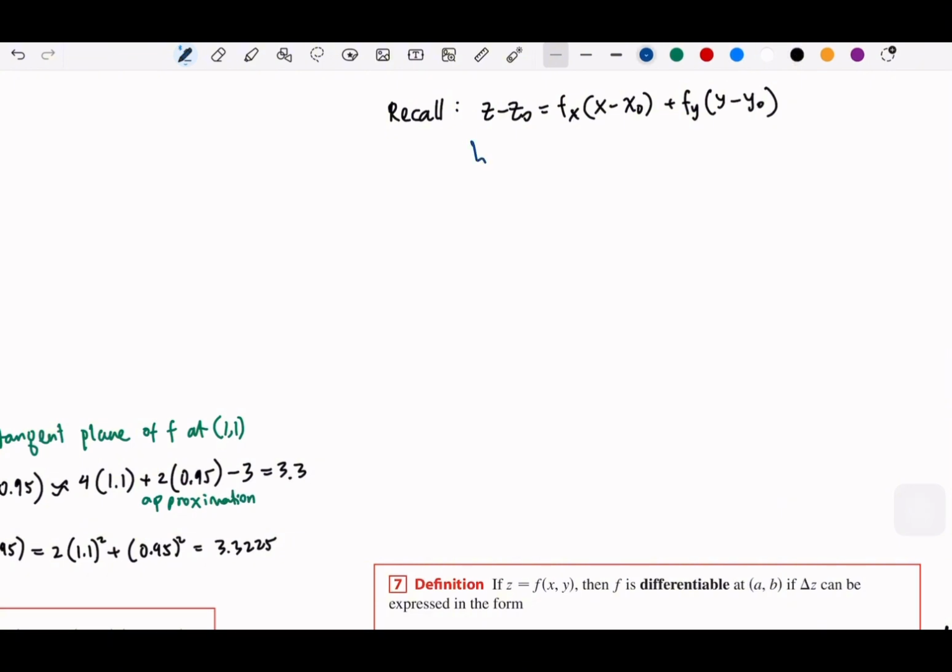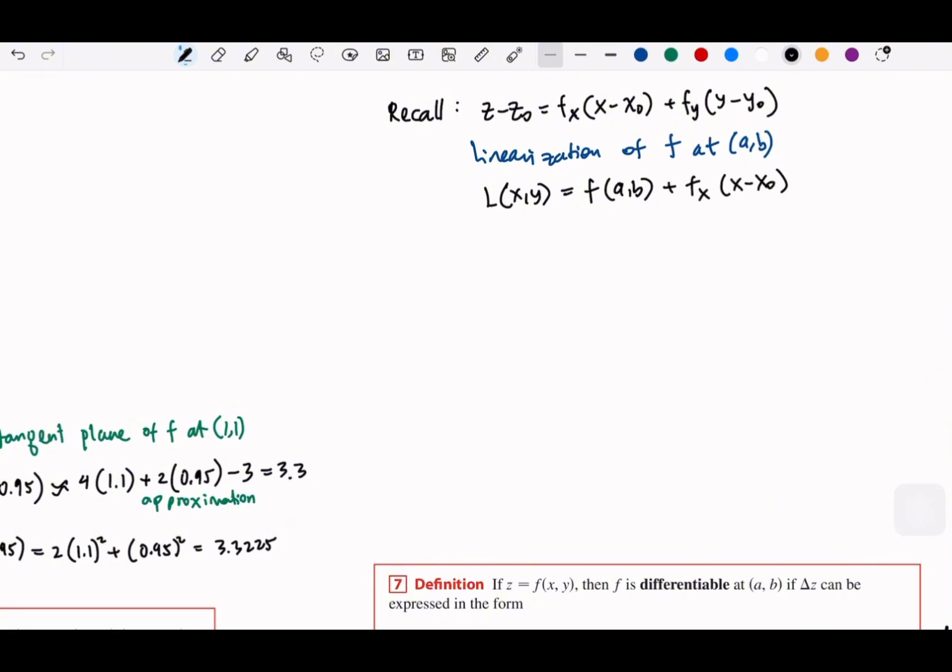And we have the linearization of f at some point (a, b). Now I will put the z as L(x, y), and then the z0, I will move to the right side and it will be f(a, b) plus. Okay. So this is actually z and this is z0.